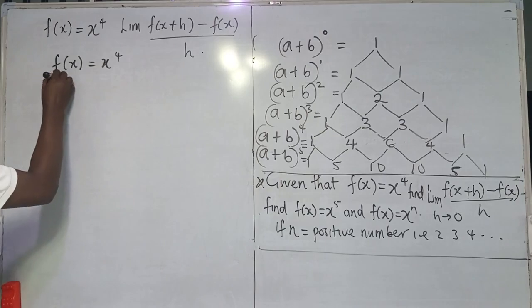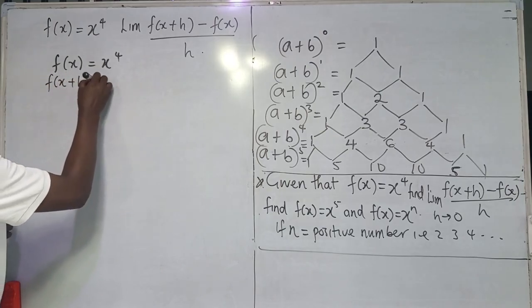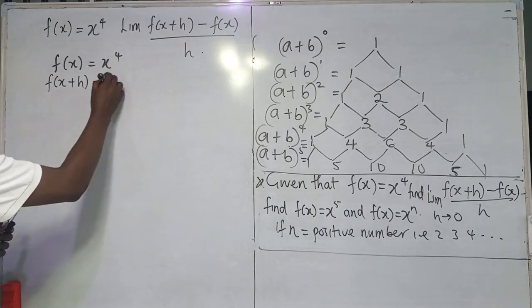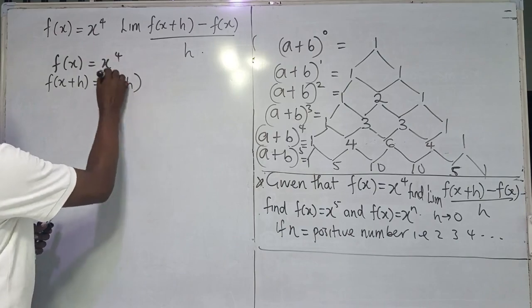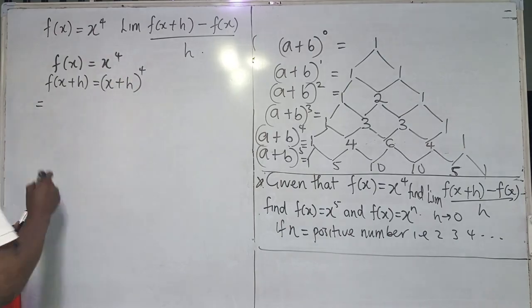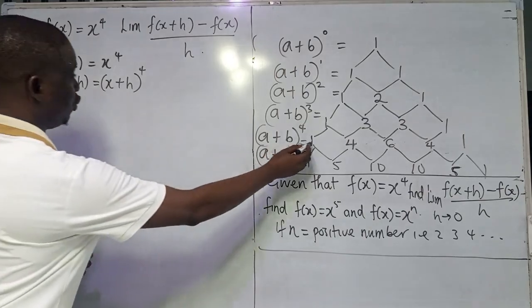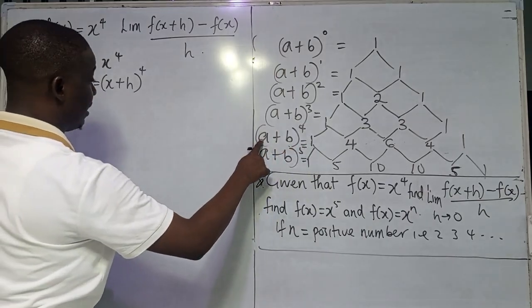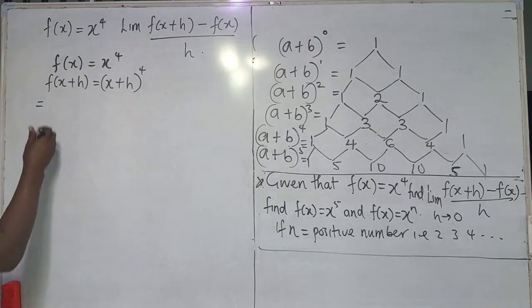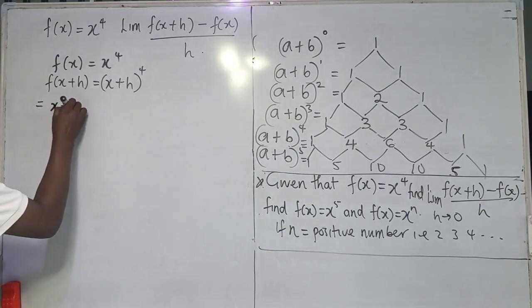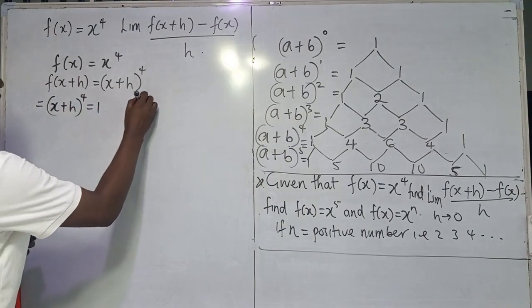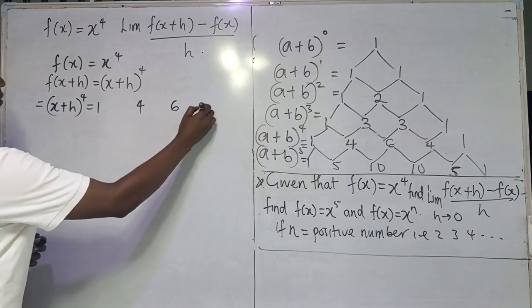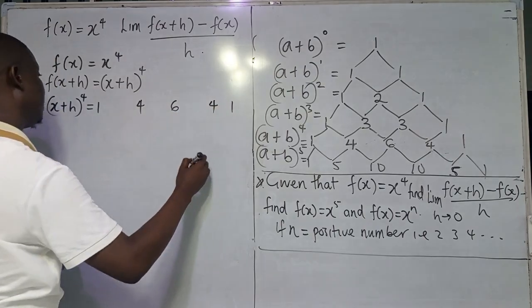Then f of x plus h will now be equal to, in place of x put x plus h, all raised to power 4. How do we expand this one? We use this one where x is a, h is b. So we have x plus h to power 4 becoming 1, 4, 6, 4, 1.